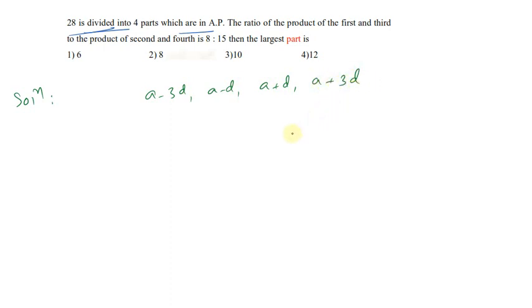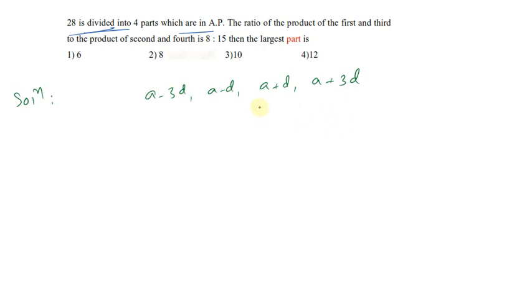If you want to take 3 terms, you have to take a minus d, a, a plus d. If you want to take 5 terms, a minus 2d, a minus d, a, a plus d, a plus 2d, like that. It is not necessary to take it like that, but if you take it like this, then you can comfortably complete the calculations.